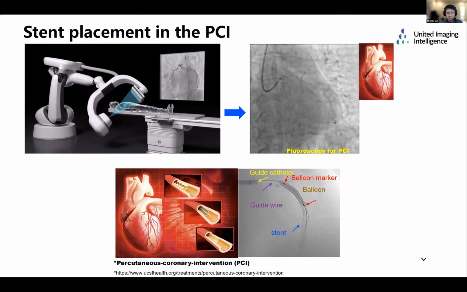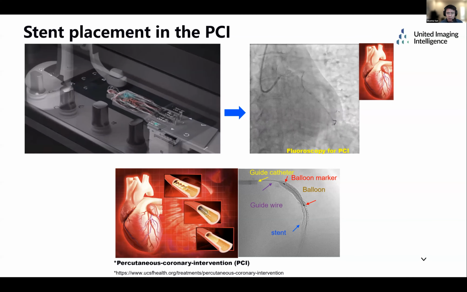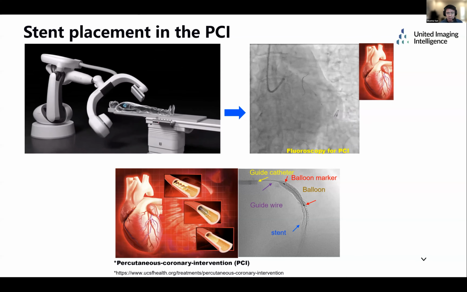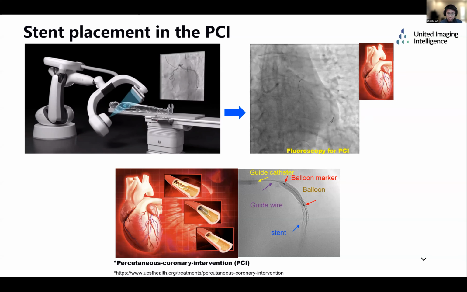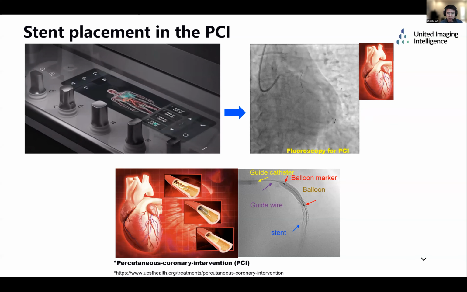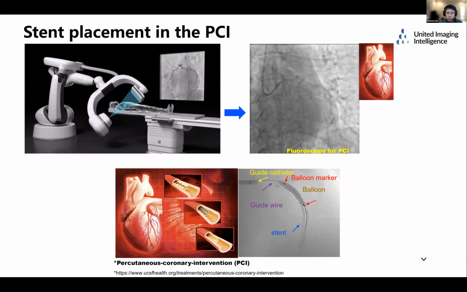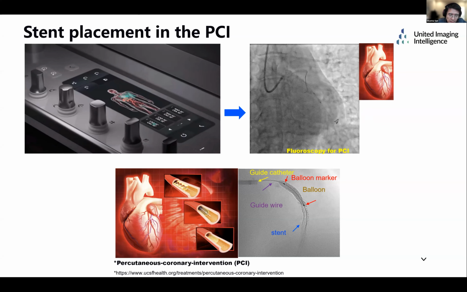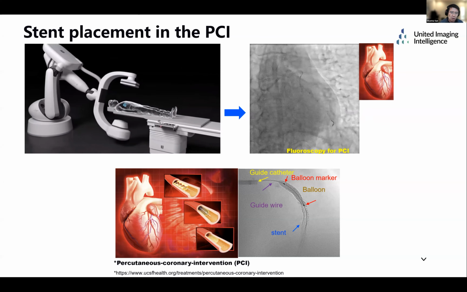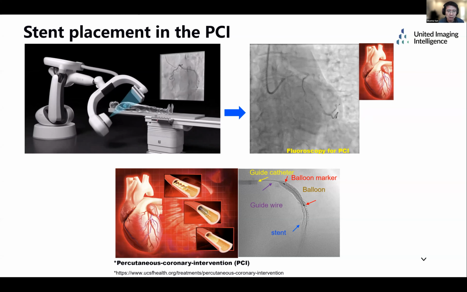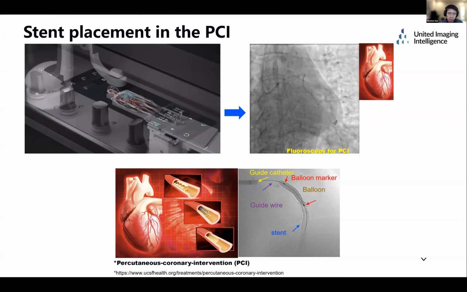Once they finish the deployment, they use a balloon to expand the stent. Once they are done with this procedure, they will pull back all those devices, such as the catheter, the guide wire, and the balloon markers, and leave the stent in the coronary artery and make sure the blood can flow through the vessel as usual.